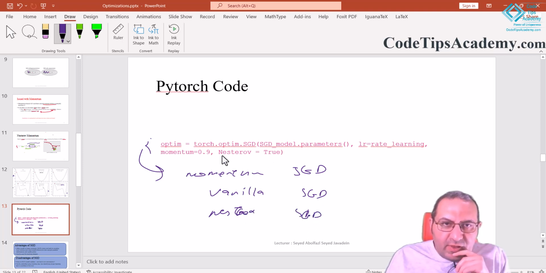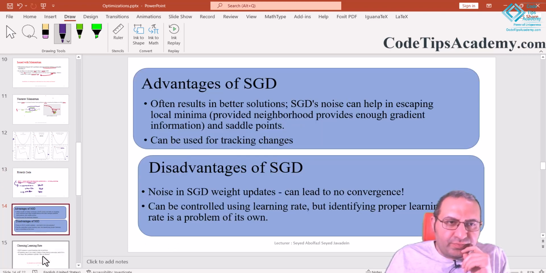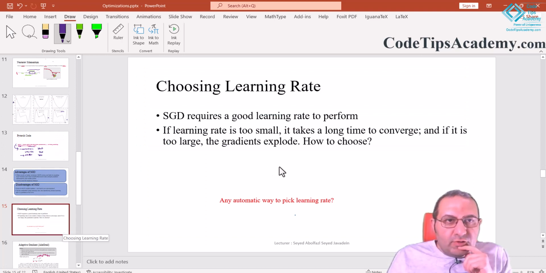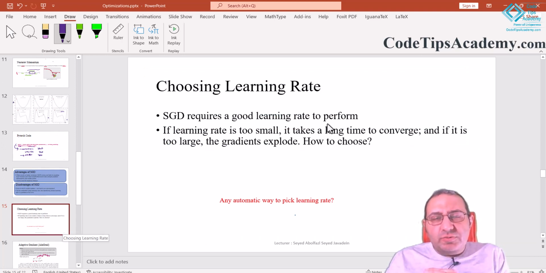If you set the momentum, you use momentum SGD, and if you set Nesterov to true, you use Nesterov SGD. Using Nesterov momentum SGD was very amazing. We can reach the global minimum, and it's better than standard gradient descent.